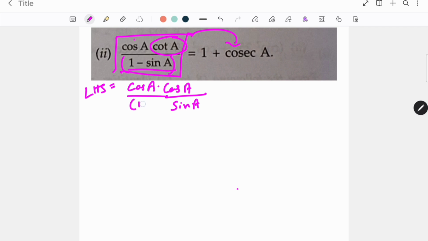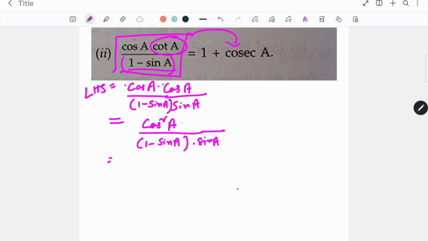Now, upper cos into cos will be cos square A, and down this 1 minus sine A into sine A, all we are keeping.